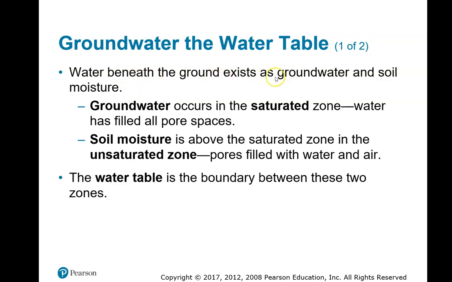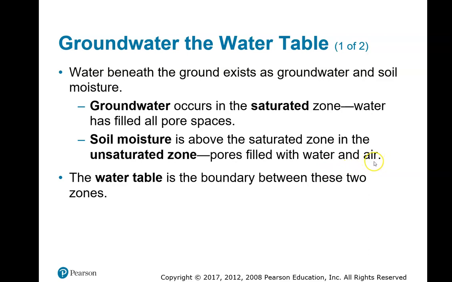Water beneath the ground exists as groundwater and soil moisture. Okay, so groundwater occurs in what's called the saturation zone. The saturation zone is below the soil moisture. All right, so we'll take a look at the picture from your textbook of this in just a moment. So soil moisture is above the saturation zone, and not all the pores are filled.